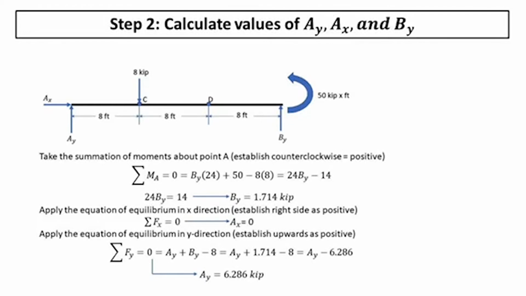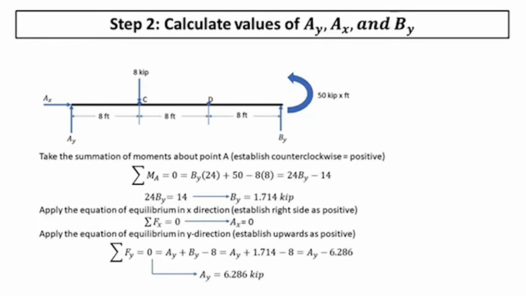So we're going to set equal to 0 all the forces that would cause a moment about A, which are By, and then its distance from point A, which is 24, and then plus that 50 kip-feet. And then we're also looking at that force acting at point C, so 8 kips, and then it's 8 feet away. And then after some algebra, we find that By will equal 1.714 kips.